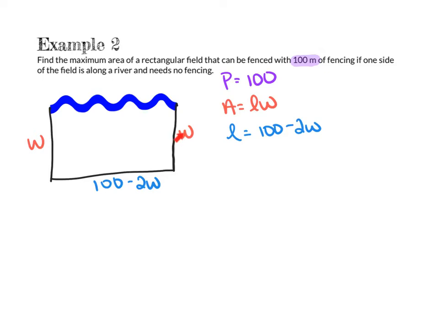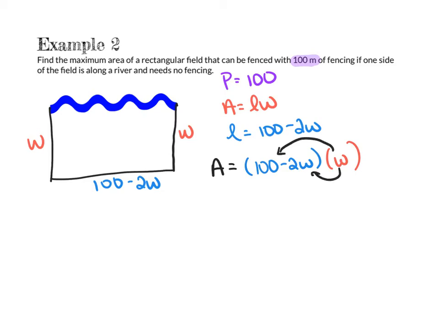Now I see my dimensions for my area. Area is just equal to length times width. My length is 100 minus 2W, and my width is just W. So again, I'm going to distribute this out.